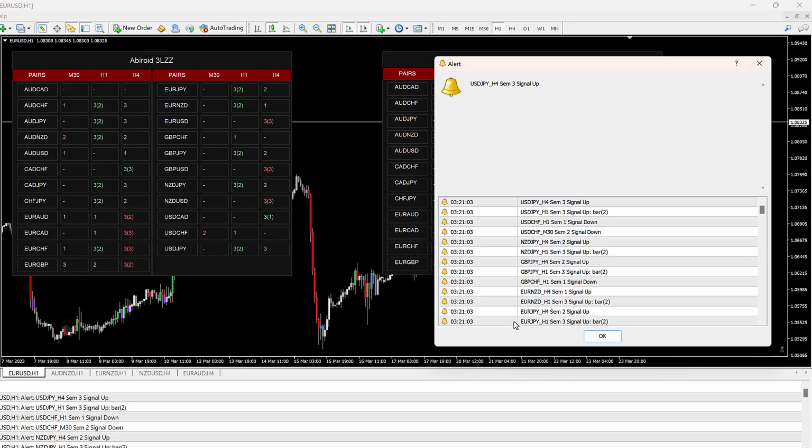So right here, if you do not see a bar number, that will mean that the semaphore has happened on the current bar. So the previous bars, that is only for semaphore 3 and semaphore 1, 2, and 3 for current bar. Those signals, you can get the alerts for those.